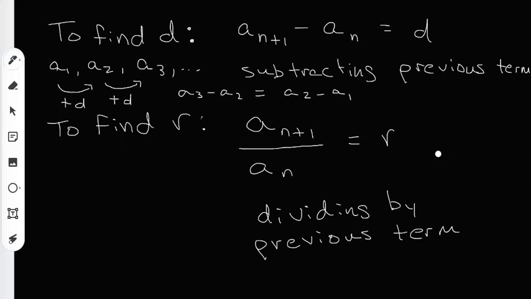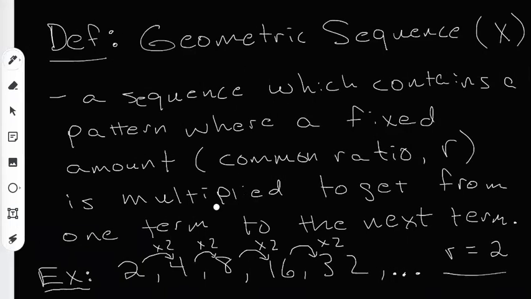So that's a quick way to figure out what R was. Okay, so going back to the previous slide that we did, we had a geometric sequence. We want to figure out what R is. Well, I would just take 8. I would just take any term I want and divide it by the one that came before it. That would be the 4, right?